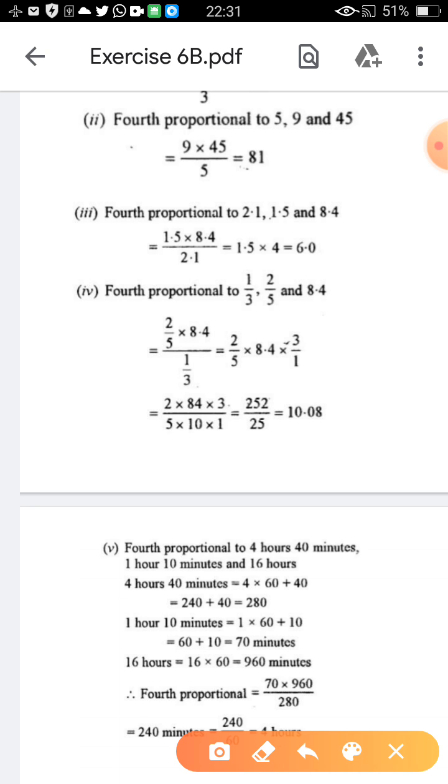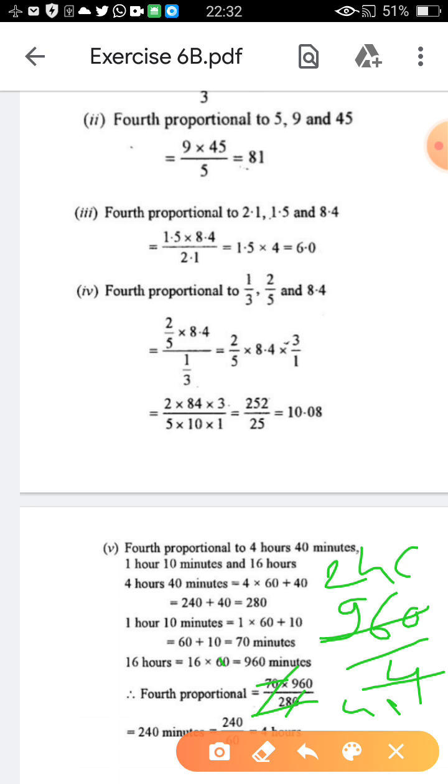Or you can also do this: the 0 and the 0 get cancelled, or otherwise you can cancel these two 0s also. This 0 will go with this 0, then 7 1s are 7, 4 1s are 4, so what remains then is 960 divided by 4, so 4 6s are 24, so 240.